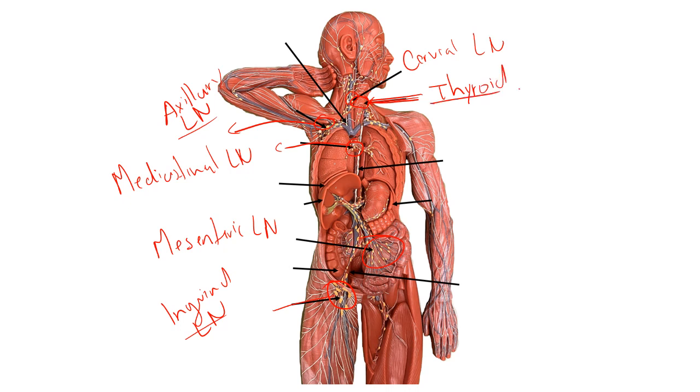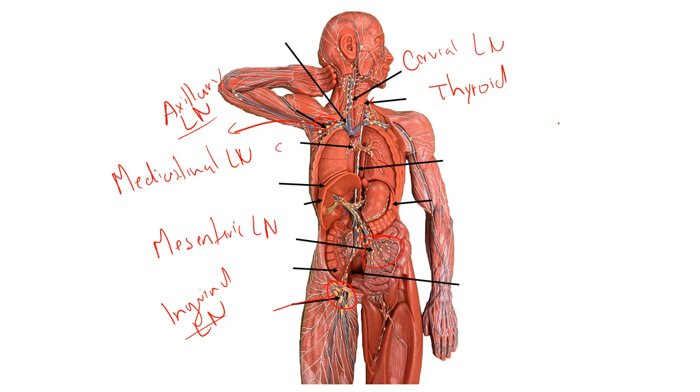Remember what I told you a few minutes ago, that the thymus is in the superior mediastinum, which is located in the thoracic cavity. In this model, unfortunately, we cannot see the thymus, but if we want to draw it, the thymus will be located more down here. All right. So this is the thyroid gland.